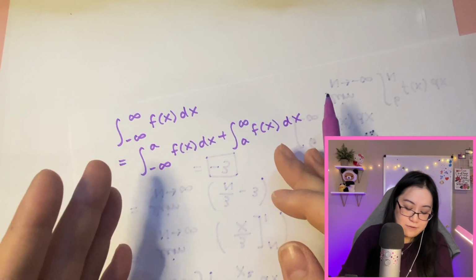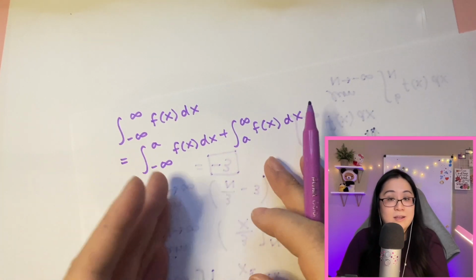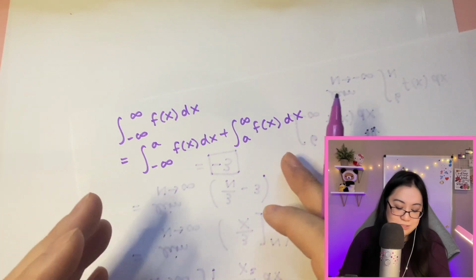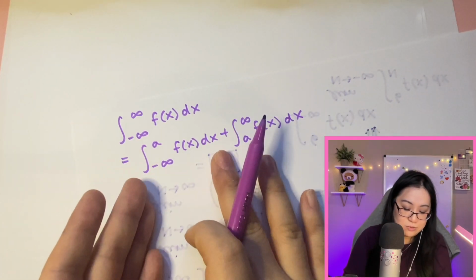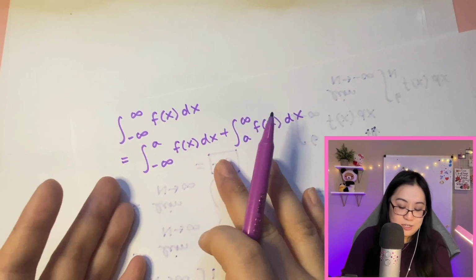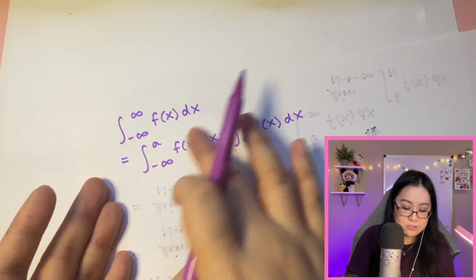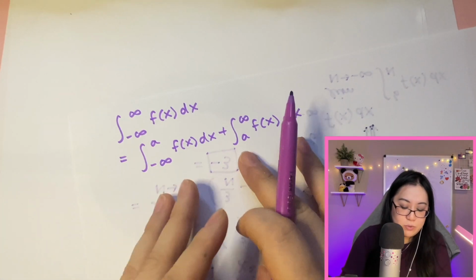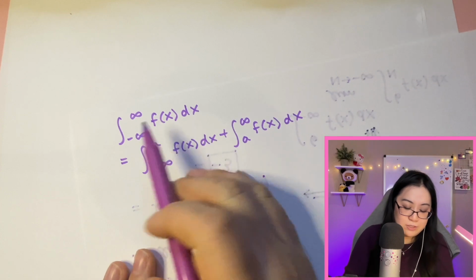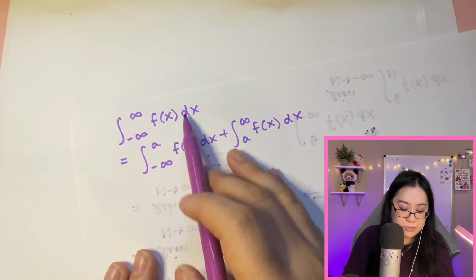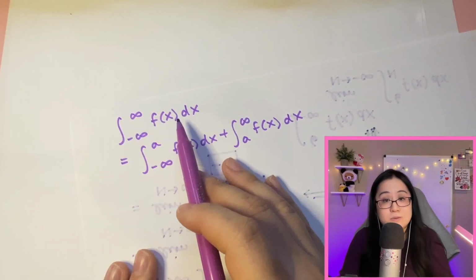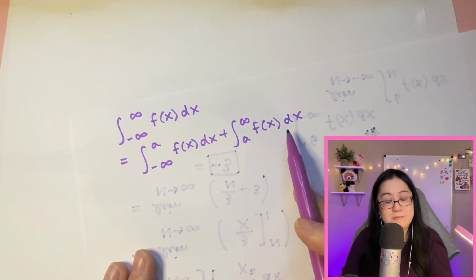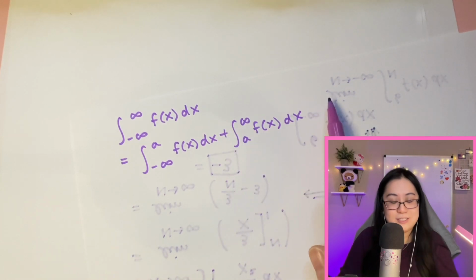So if either of these do not have a finite limit, so if, let's say this one is infinity, then this integral diverges. So you don't even have to do this one. But if they both converge to a value, then this improper integral here is equal to the sum of the two. And then you just use each one. Okay? That's just the general idea here.